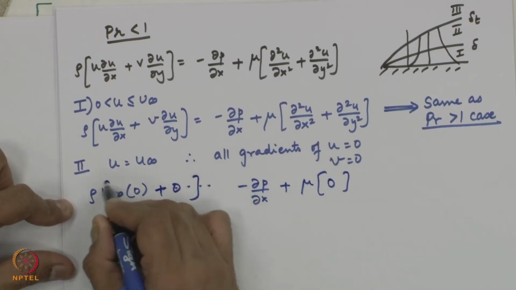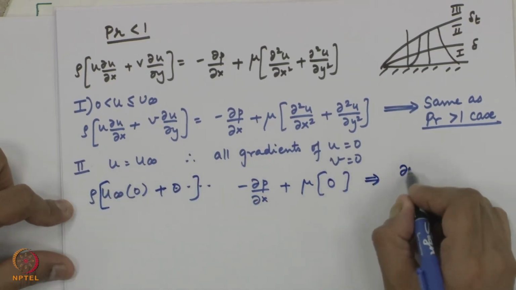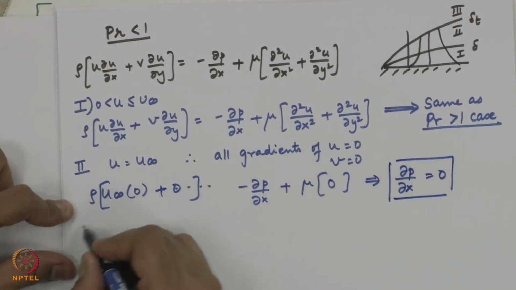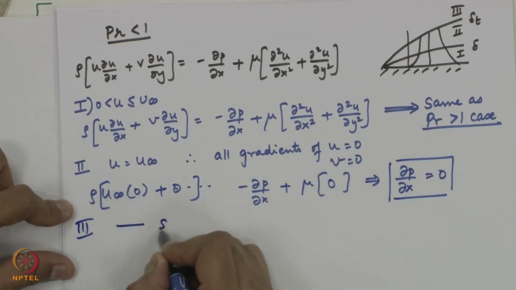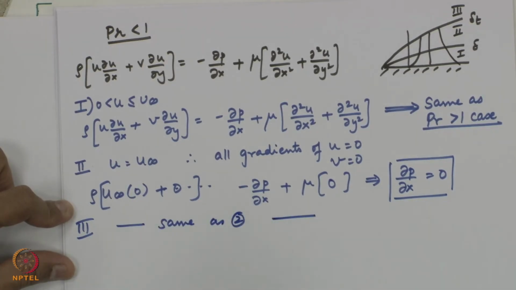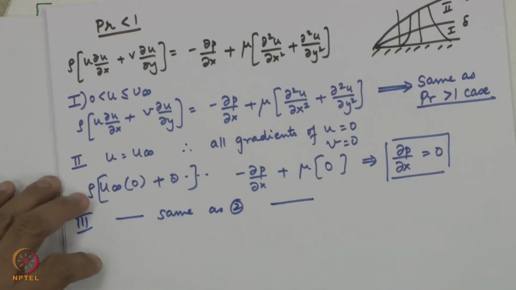So, what do I get? dp/dx equal to 0. And obviously, region 3 is also the same as region 2. Where does this lead me to?